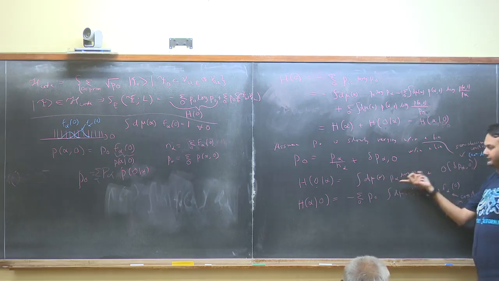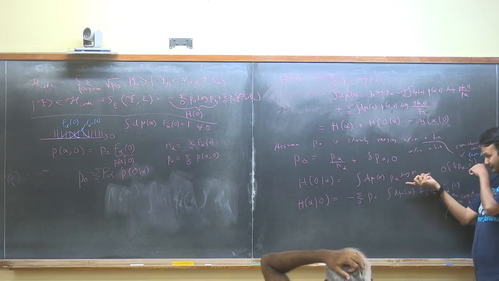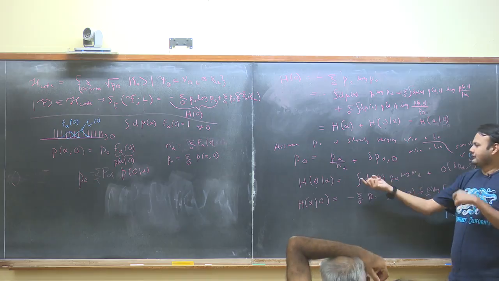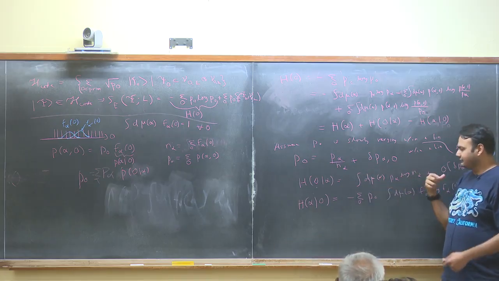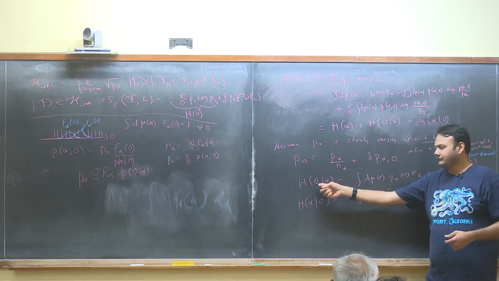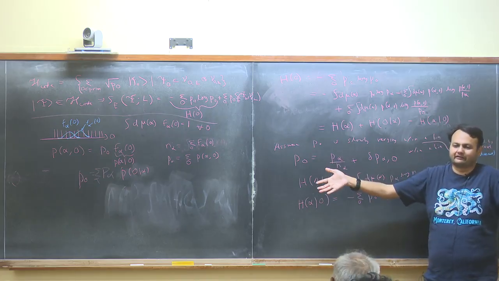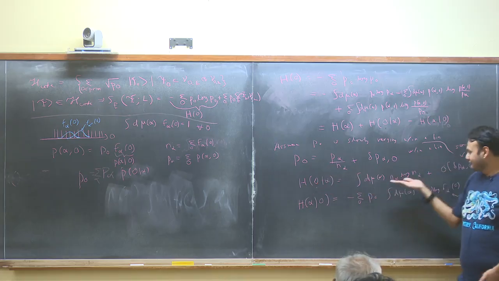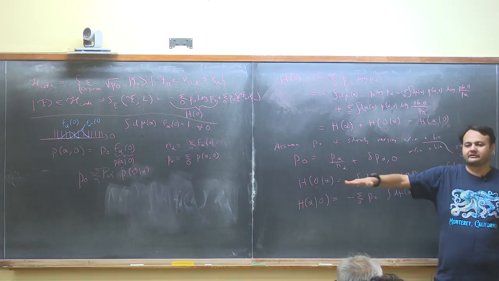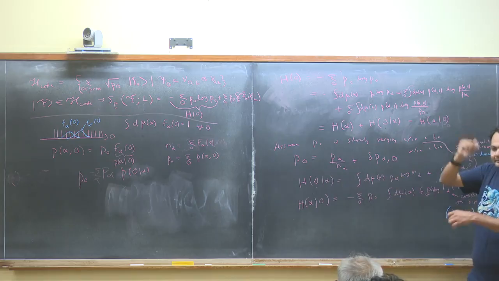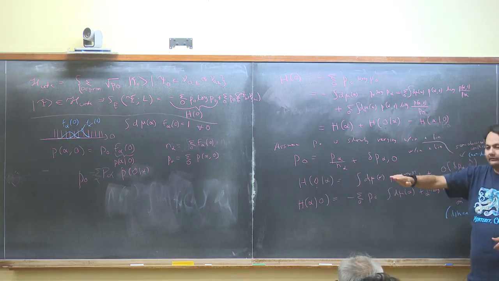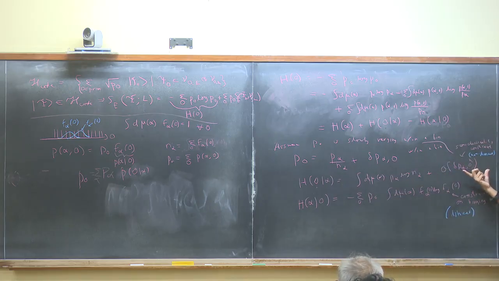This is the average of the... This is basically telling you that the uncertainty of the operator given alpha is just the log of the number of operators within that bin, which is what would happen if you had a flat probability distribution. But then there are corrections because the probability distribution is not flat within the bin, and it's quadratic in that correction.